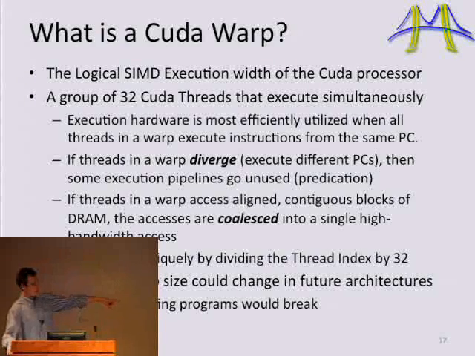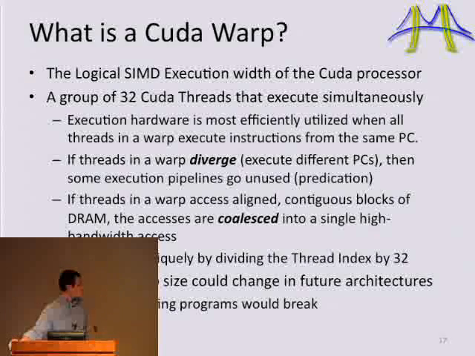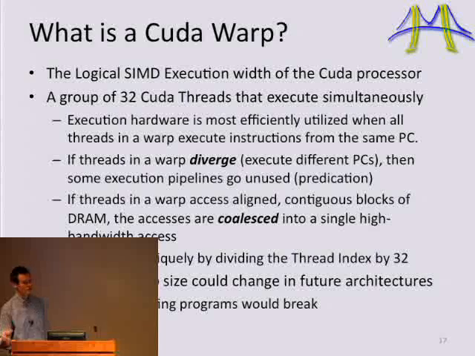And there isn't a particular identifier for it, but you can identify your warp by dividing your thread index by 32. And technically, this number 32 could change in future architectures, but it's baked into a lot of programs, and a lot of optimizations you can do require that you know the warp size. And so it's unlikely that they'll change it, although they've technically reserved the right to.